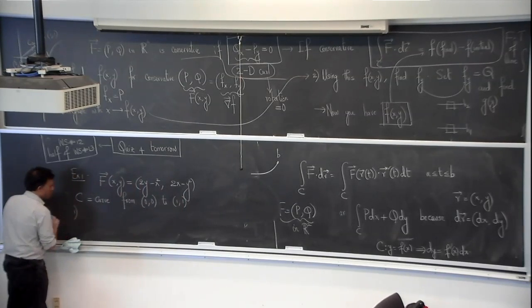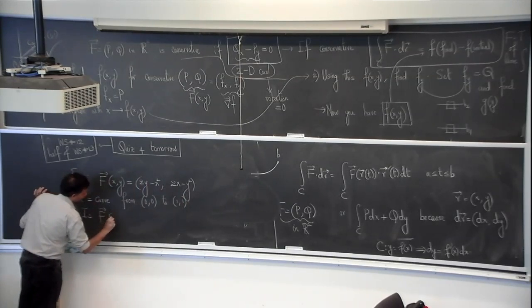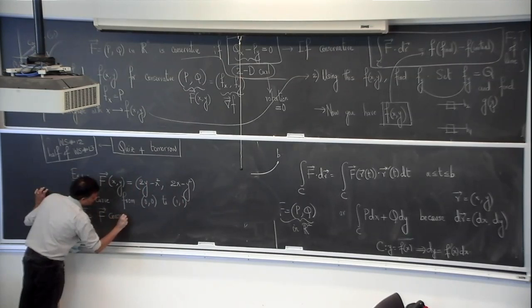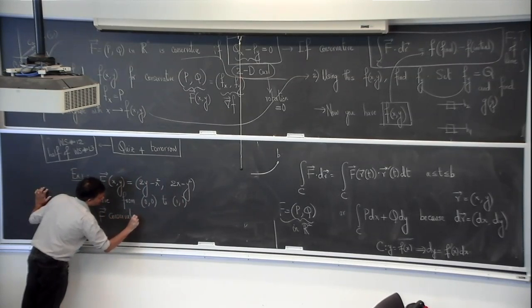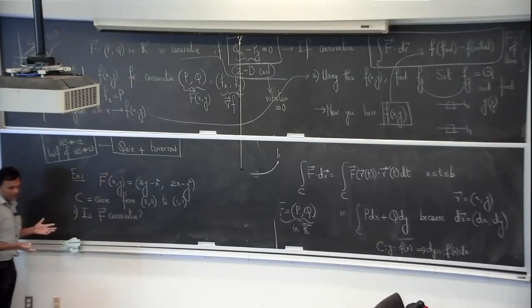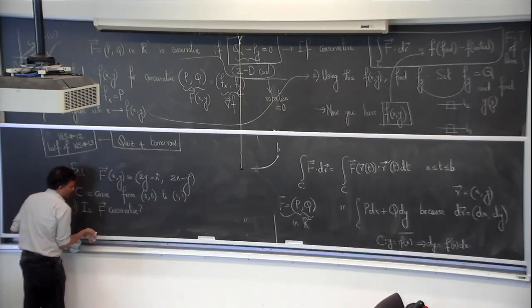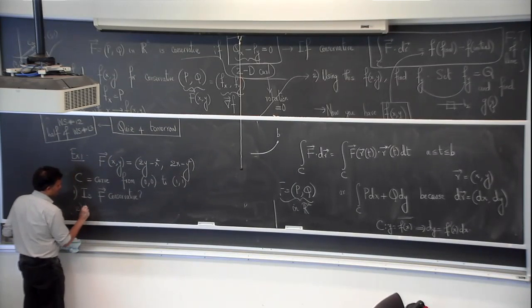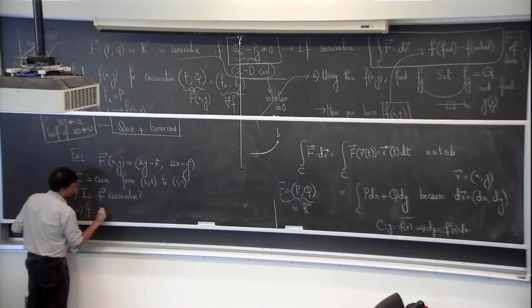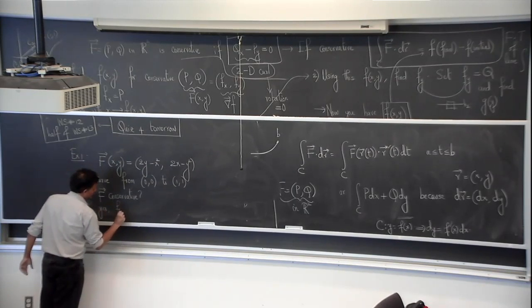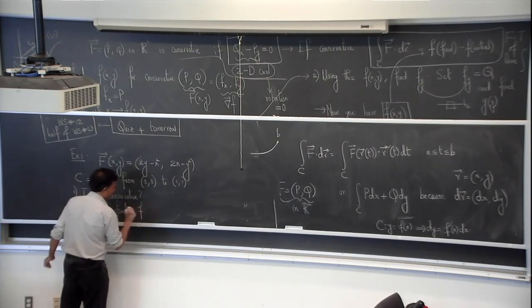Question 1, is f conservative? Sometimes the question may not even ask you is f conservative, it will just expect you to first check that condition because it will save you a lot of hassle. Then part 2, if f is conservative, find the potential function little f.